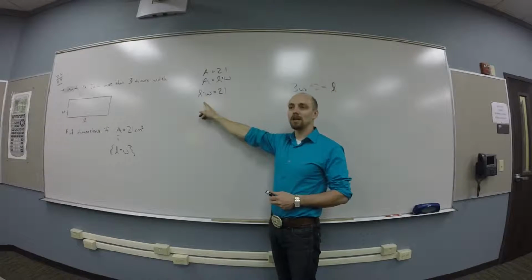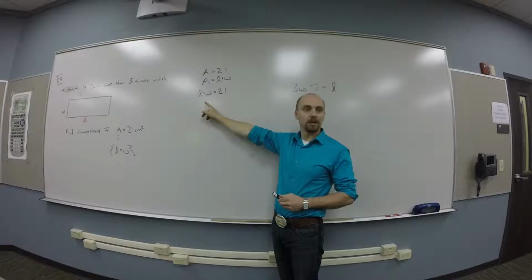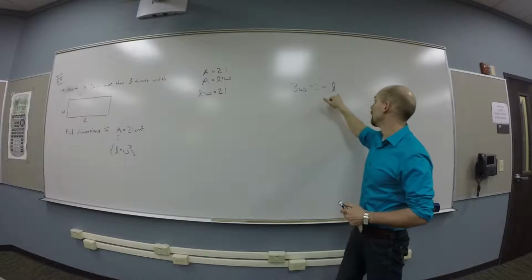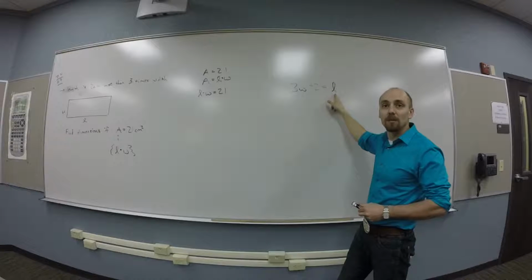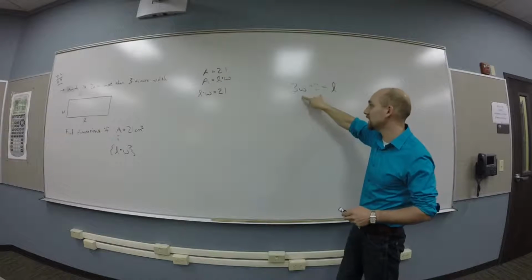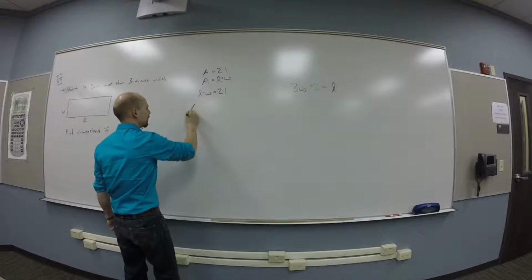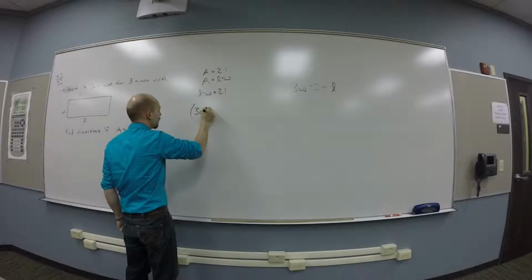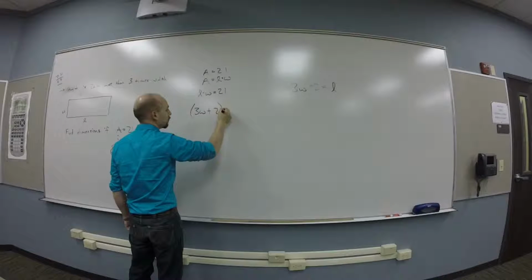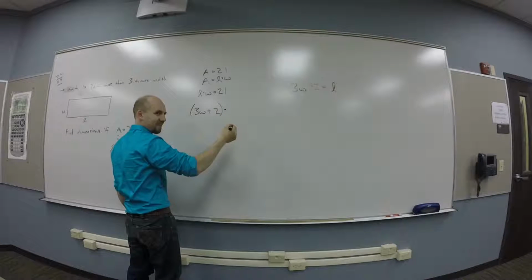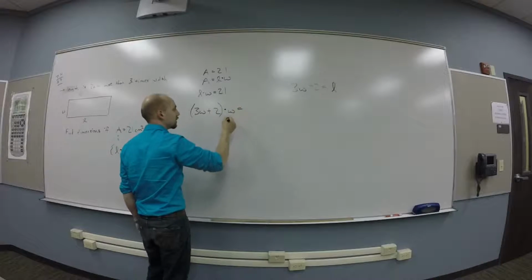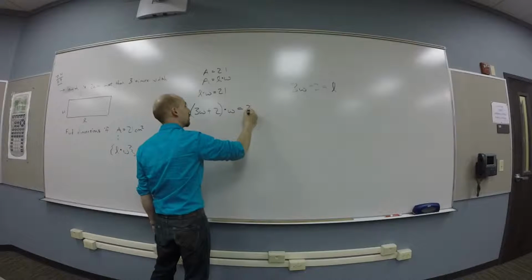Maybe I could get rid of the L's. You guys see that? If this thing and L are the same thing, then I can put this thing in for L over there. That's really called substitution, right? 3W plus 2 times W is 21.